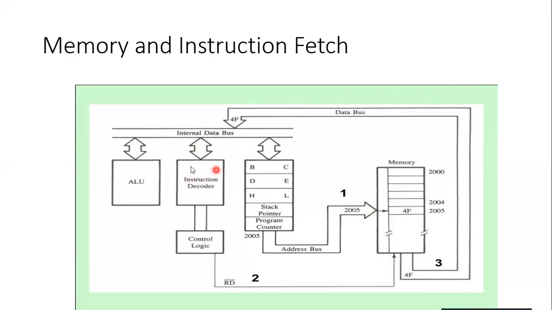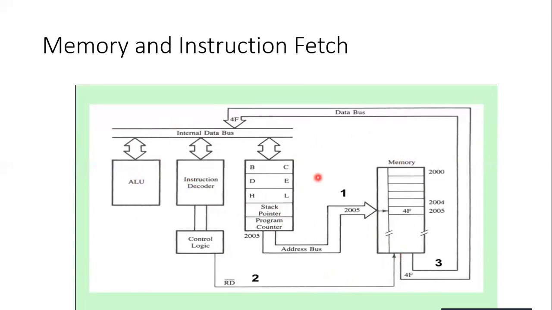Depending upon the instruction, it sends it to the ALU. So this is the memory and the instruction fetch. Like that, all the instructions are fetched by the MPU. These are the 4 steps.